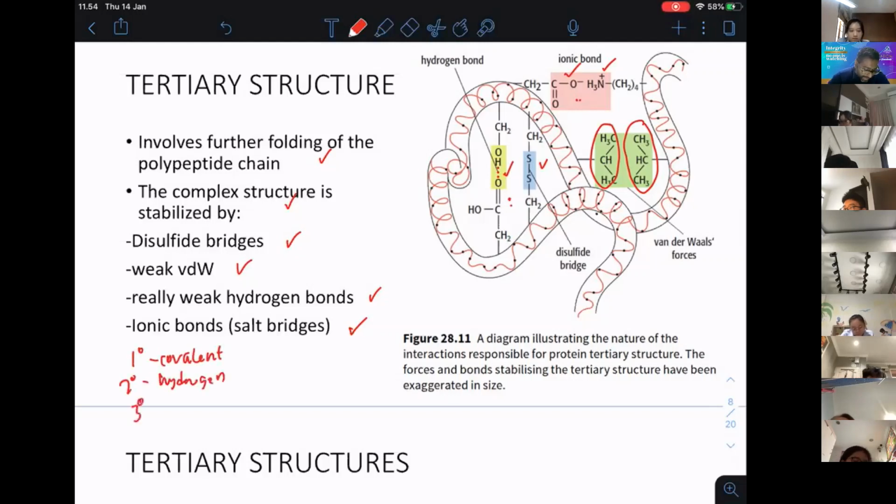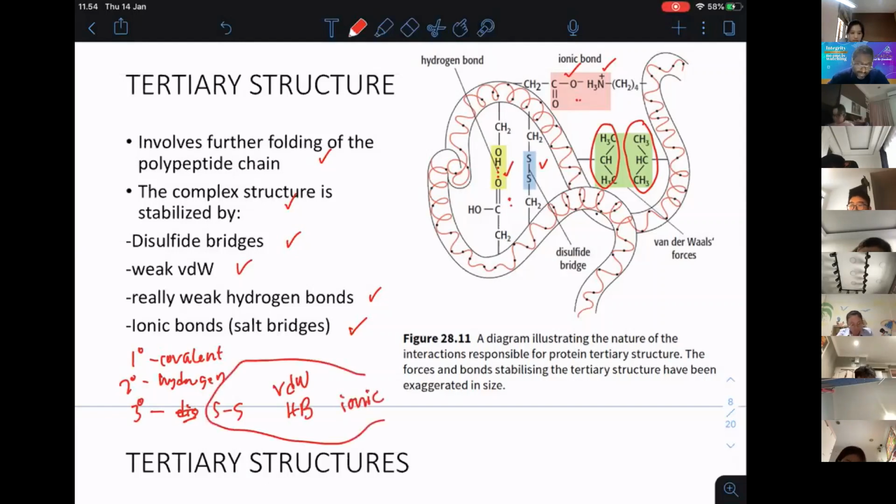But tertiary now has disulfide bridges, sulfur and sulfur, van der Waals forces, hydrogen bonds, and ionic bonds as well. So there are a total of 4 bonds. If you have more bonds, we can say that this is more stable or stronger compared to secondary structure.